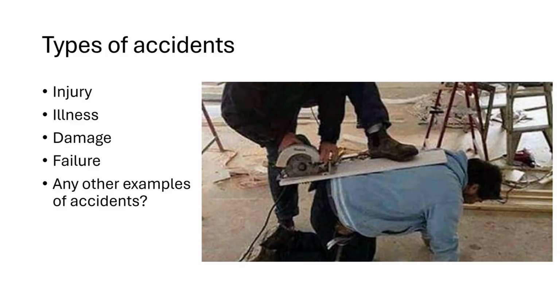And what are some other examples of accidents that we consider, and what are those characteristics? That's an important thing to really reflect on, especially as you start to untangle the knot of an accident, is to understand what the characteristics of an incident are and where they manifest.